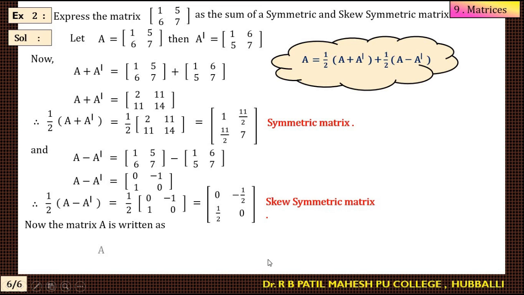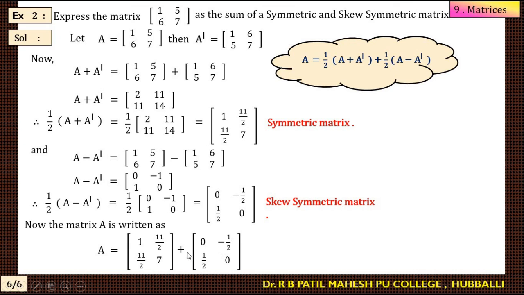So now A is written as A is equal to, this matrix [1 5; 6 7] is equivalent to the sum of these two. Substitute first half into (A plus A dash), that is the symmetric matrix, plus the skew symmetric matrix, that is half into (A minus A dash).